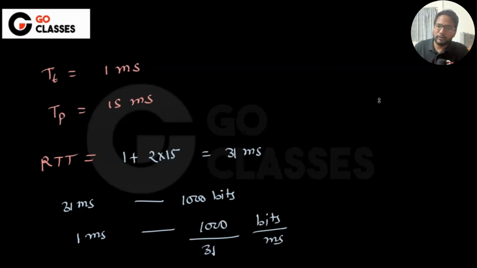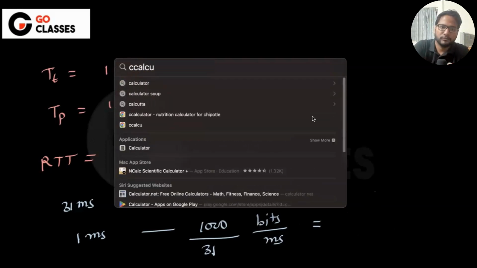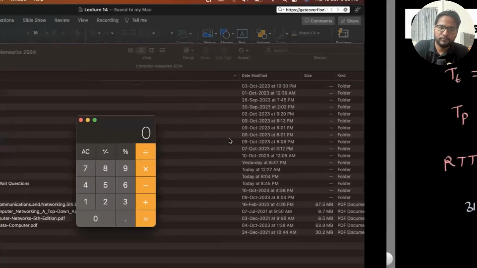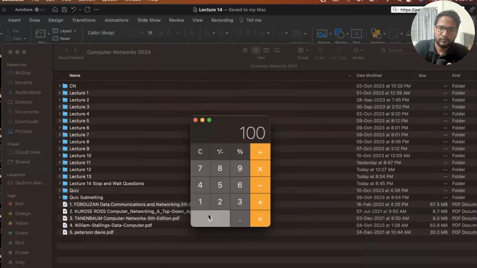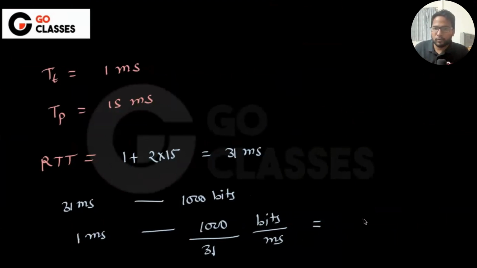What is 1000 upon 31? It is 32.258 bits per millisecond.